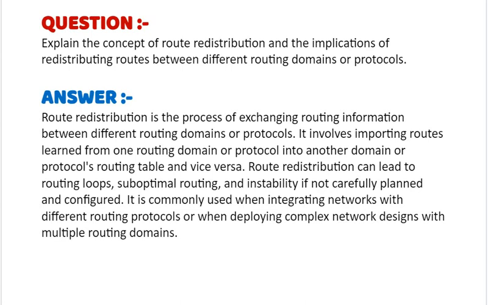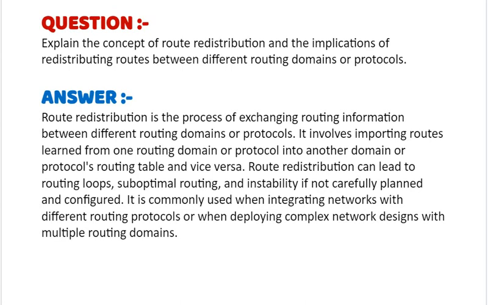Your answer should be: route redistribution is the process of exchanging routing information between different routing domains or protocols. It involves importing routes learned from one routing domain or protocol into another domain or protocol's routing table and vice versa.